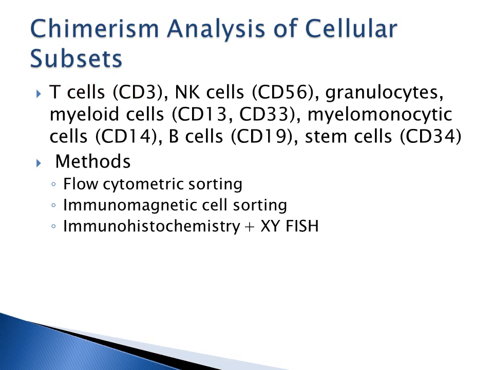So if you look at your cellular subsets, so your T cells, maybe your CD3 T cells, your CD56 NK cells, your CD13 and CD33 myeloid cells, etc. You can look at the markers on your cells using flow cytometry sorting or FACS, immunomagnetic cell sorting, as well as immunohistochemistry and XY fluorescent in situ hybridization.